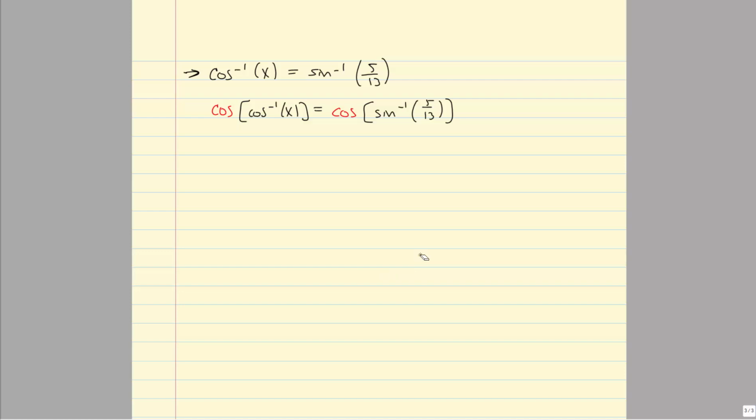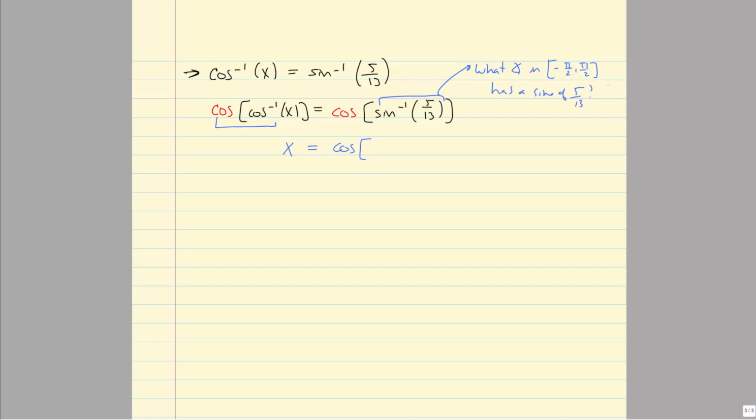Now this looks a little bit familiar to me. The cosine and the inverse cosine are inverse operations of each other, so this is going to be equal to x. And then on the right hand side here, this piece right here, that is what angle in the interval from negative to positive pi over 2 has a sine of 5/13.